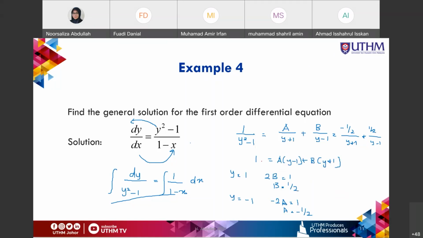If you replace y equals to 1, 1 minus 1 equals to 0, so this one is 0. And here is 1 plus 1 equals to 2. So here you get 2B equals to 1. That is for the top part.